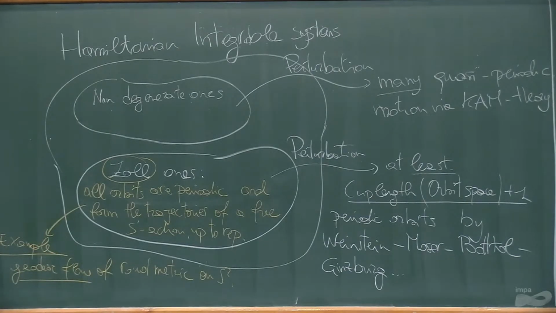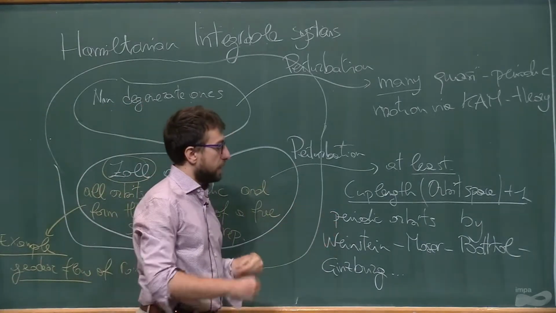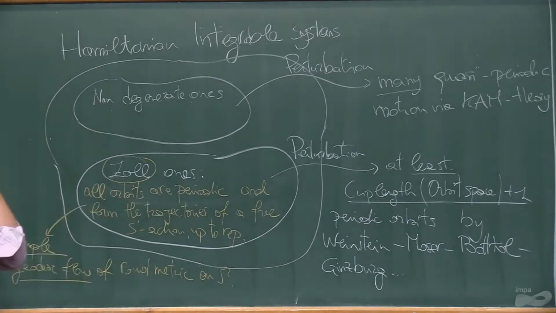And what I want to do today is try to find some non-trivial examples in the class of magnetic systems, and to see how the existence of these examples is related to the existence of periodic orbits, and of a very particular result in the existence of periodic orbits, which is the systolic inequality.